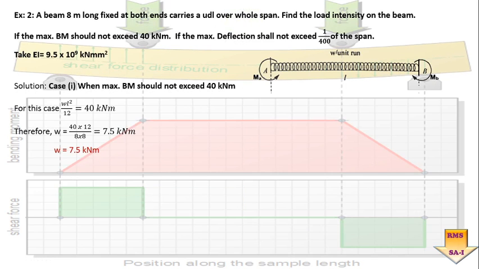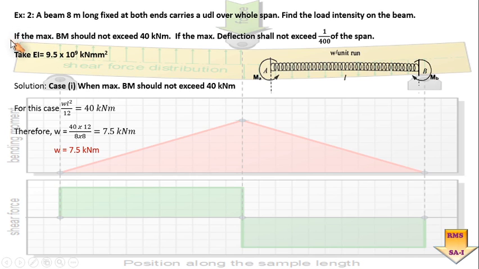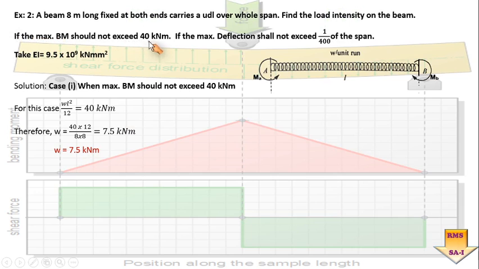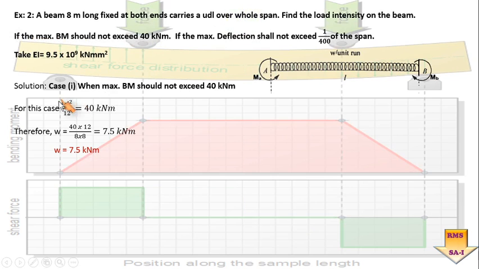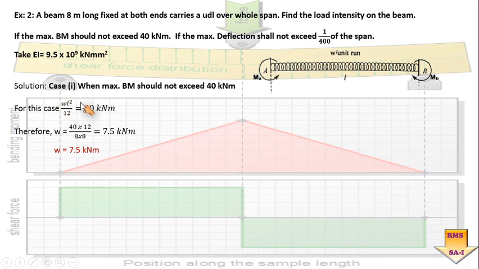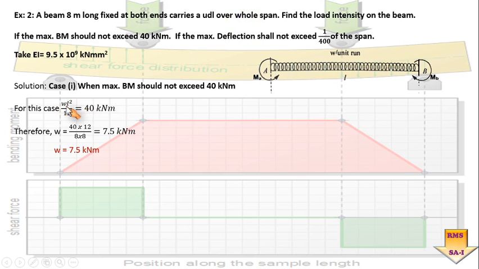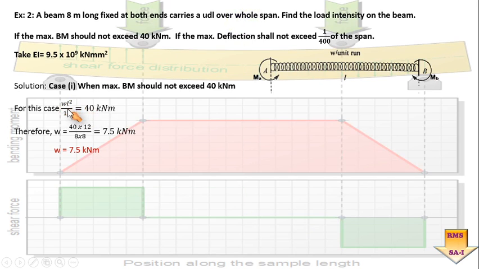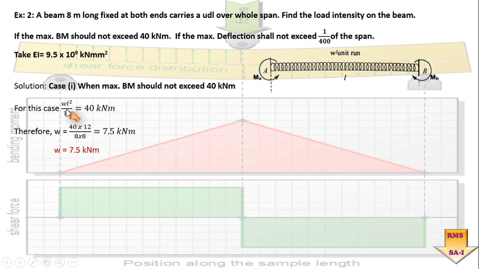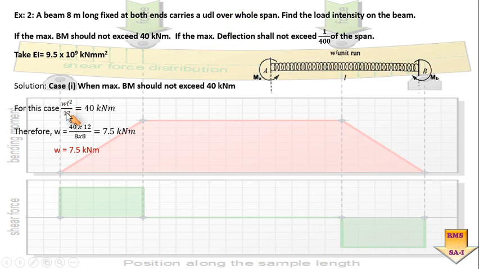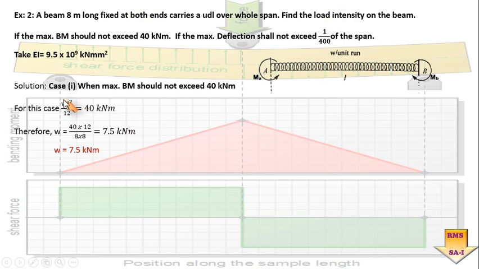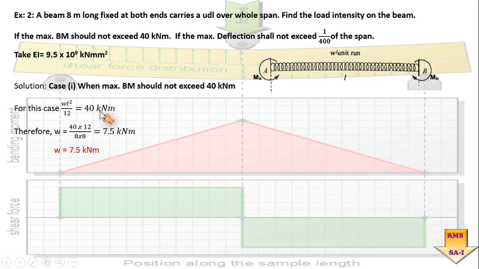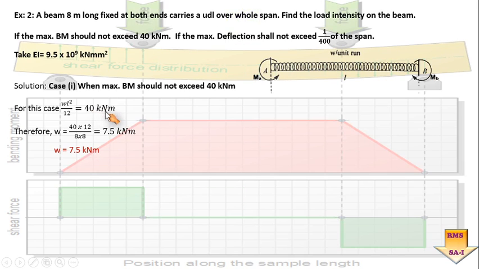So the first case is that the maximum bending moment should not exceed 40 kilonewton meter. In that case I know that the maximum bending moment is 40 kilonewton meter, and in terms of our equation it is WL square by 12. So here the value of WL square by 12 should not be more than 40 kilonewton meter.